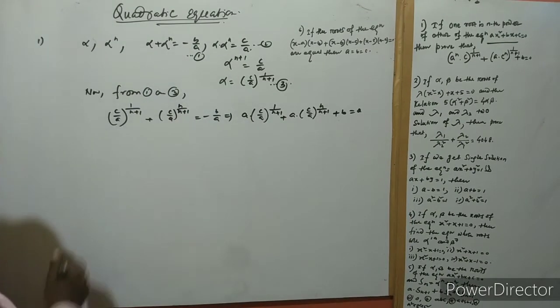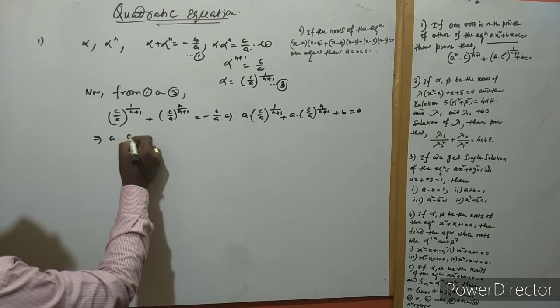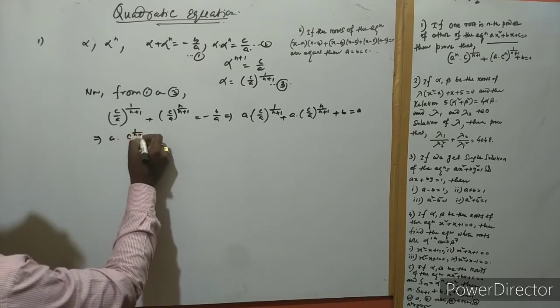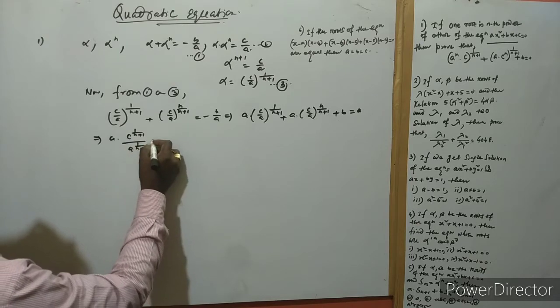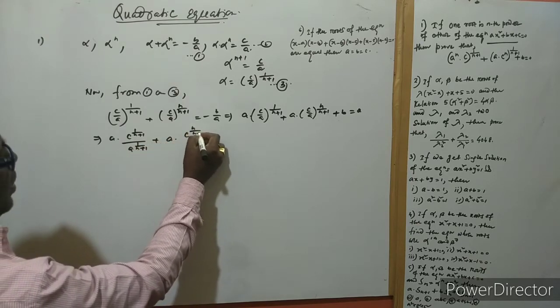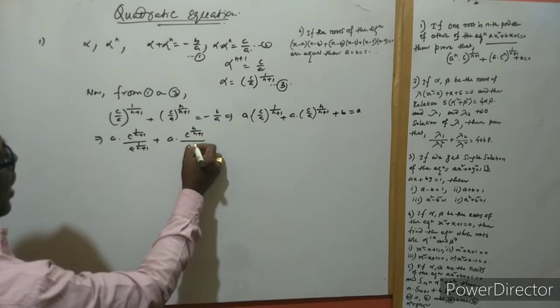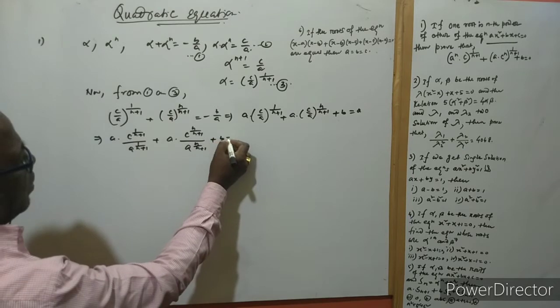Now see here is our calculation, that is a, and this is here c to the power 1 by n plus 1, and also a to the power 1 by n plus 1 also, and again also here a into c to the power n by n plus 1, and plus b equal to 0.